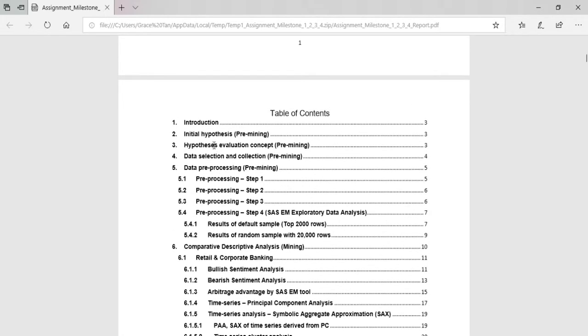In this video, we will be touching upon topics 1, 2, and 3, which are the introduction, initial hypothesis, and the hypothesis evaluation concept, which are some of the steps involved in the pre-mining before we actually enter into the data mining.